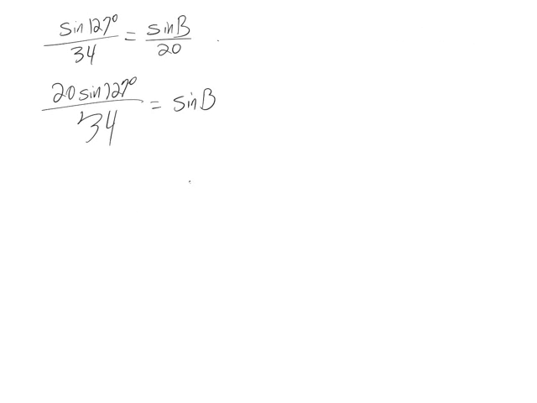We'll get that worked out and figure out what the sine of B is. So it's sine of 127 times 20 divided by 34. And then I do an inverse sine on that, and I get 28 degrees for angle B.